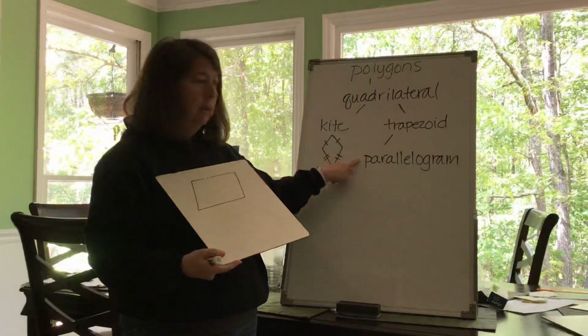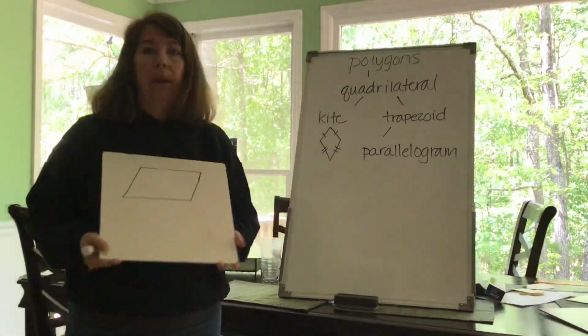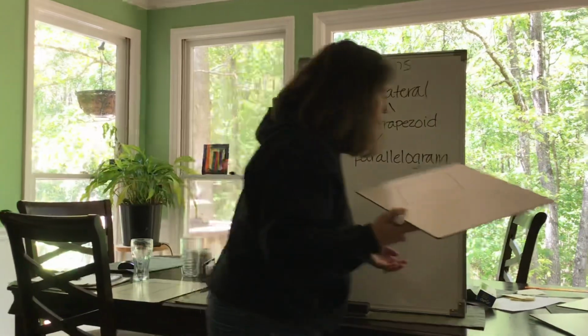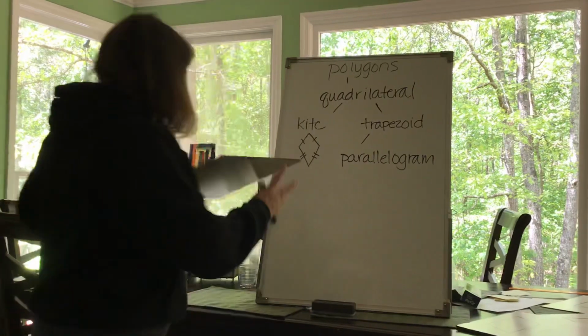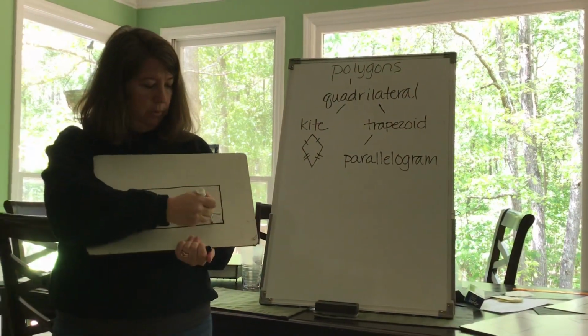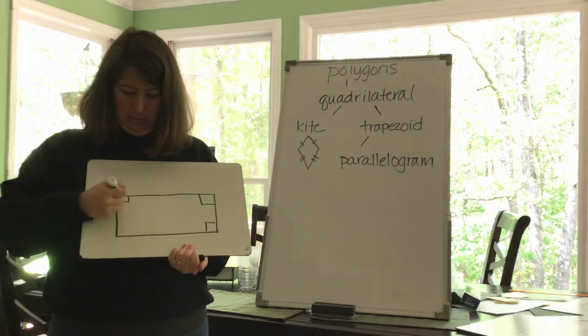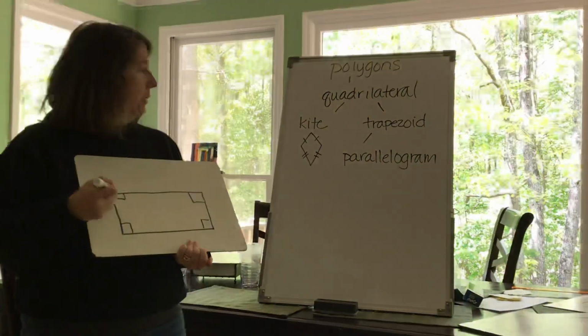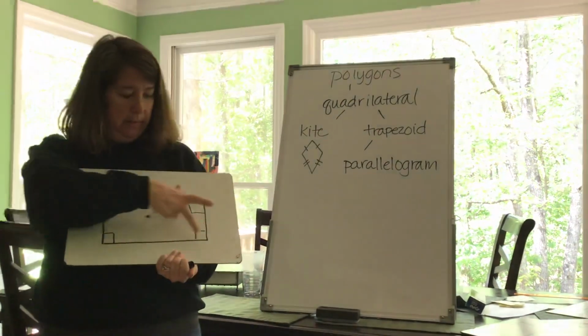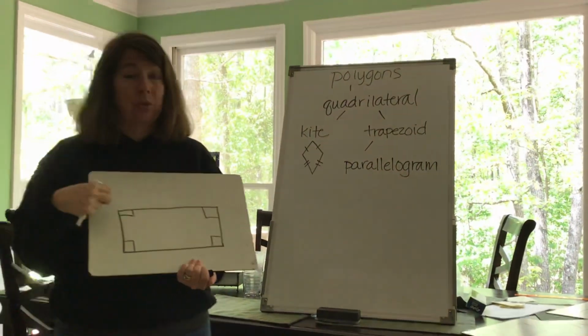This is a parallelogram. There are certain parallelograms that also have four equal angles, which would be 90 degrees. So this has at least one pair of parallel sides because it has the top and bottom, so it's a trapezoid.